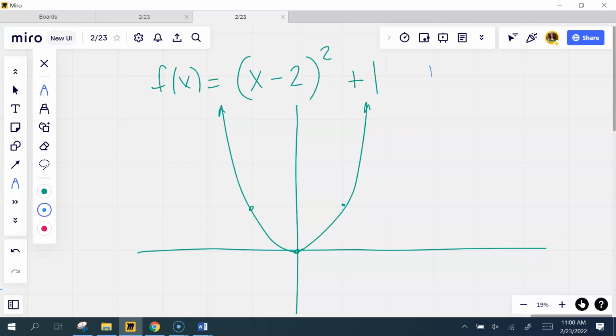You're exactly right. I'm going to move right 2 and up 1. So every point on this graph moves right 2, up 1. Right 2, up 1. Y'all see what we're doing with the slides?